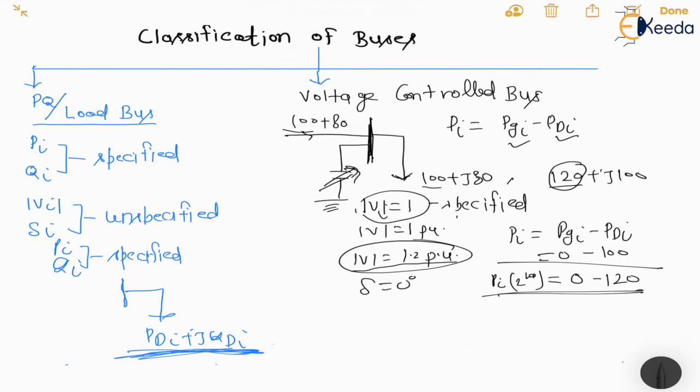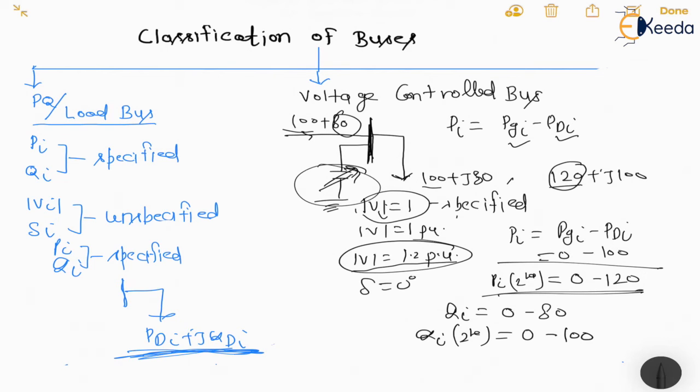So we can see that at both the first time and second time the Pi value is specified, and the value of Qi at first was 0 minus 80, and Qi at the second time becomes 0 minus 100. We are not considering the reactive power compensation or reactive power supplied from the source, as I have discussed earlier. So Qi is also specified.